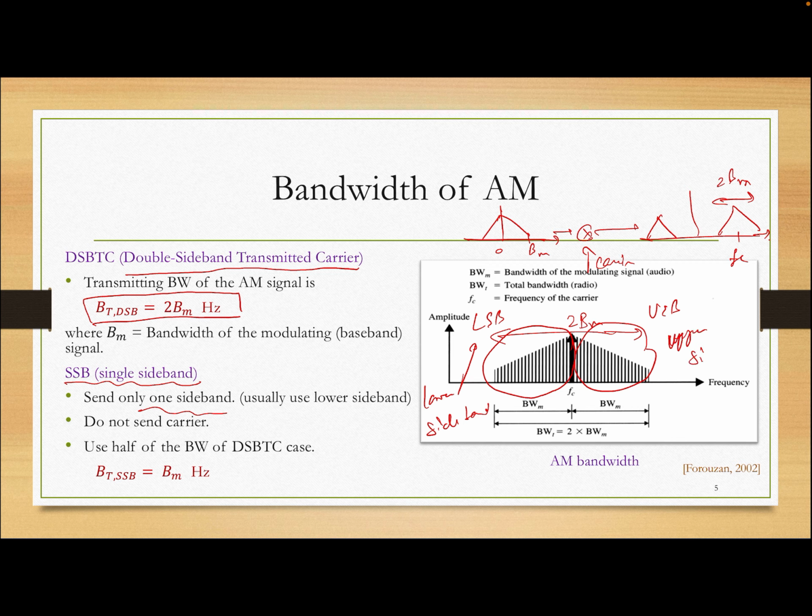The lower sideband usually uses a lower frequency, so we usually prefer the lower sideband, and we do not send the carrier. So we use only half of the bandwidth here. Single sideband uses only B sub M hertz as the bandwidth.